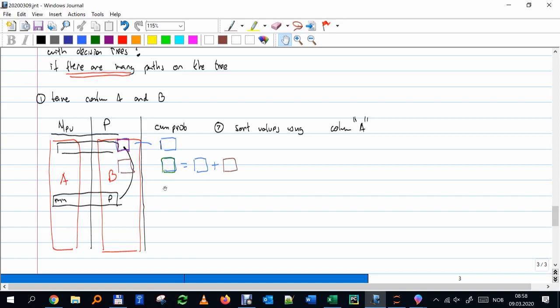Now if I go below here, to a number which is even higher, the probability of having this number or higher is this one plus this one plus this one. And then at the end, the probability of having something below this highest number is simply 1, the sum of all of them.